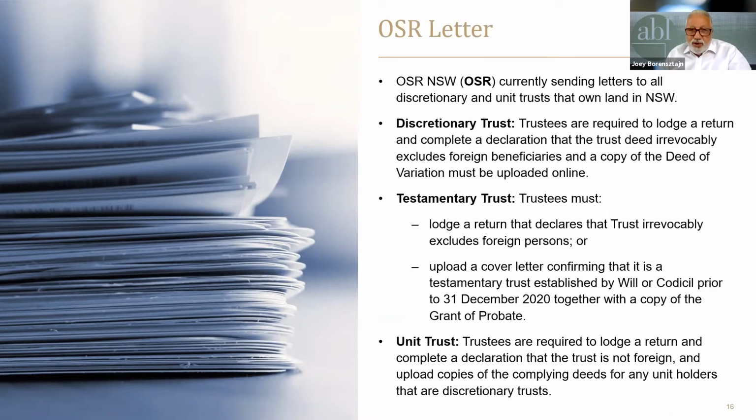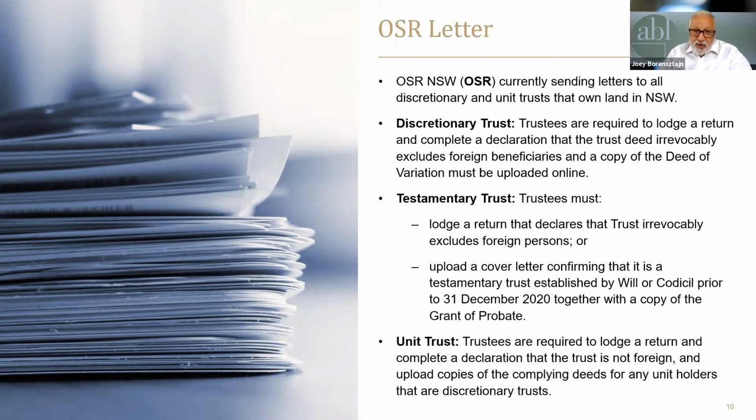If it's a testamentary trust, you need to lodge a return that declares the trust excludes foreign persons, or upload a cover letter confirming that it was a testamentary trust created by will or codicil prior to 31 December, and provide a copy of the grant of probate where the person's died.